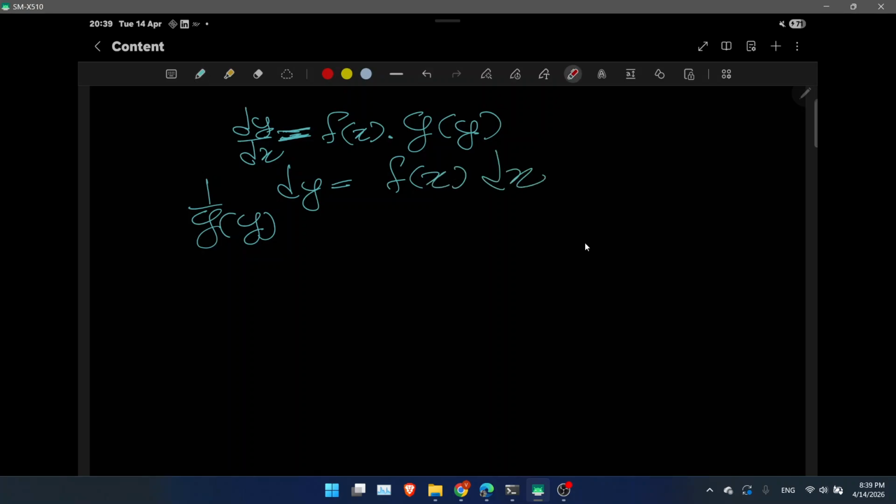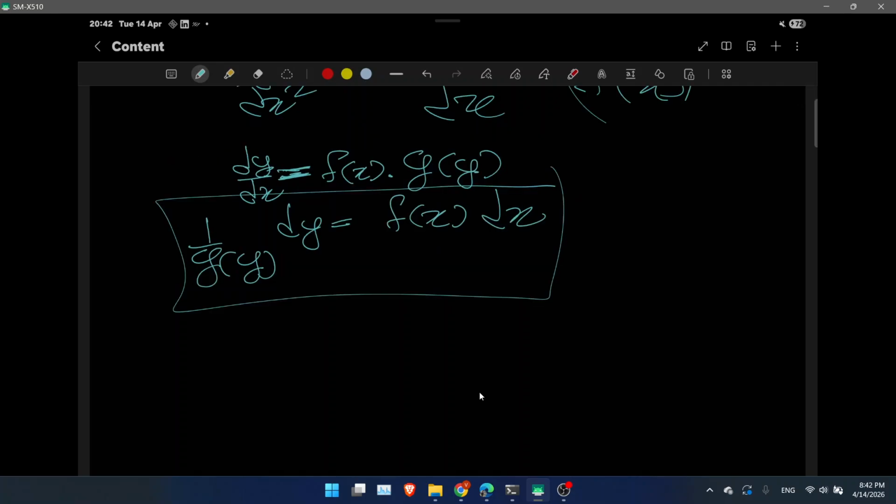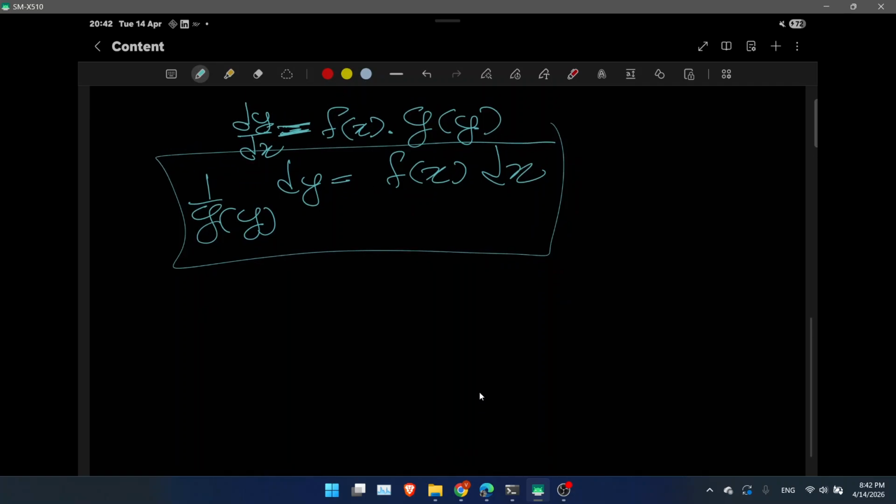So you can see dx is with the x variables and dy is with the g(y). If you can reduce the equation to this form, we call it variable separable. Again, if you can write the equation like this, it's variable separable.